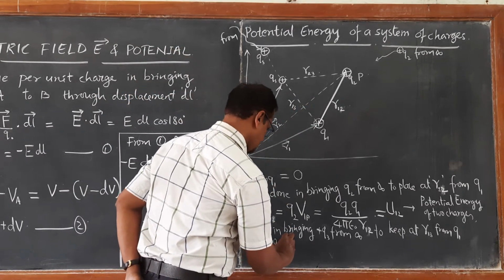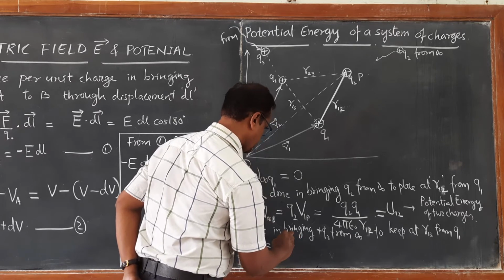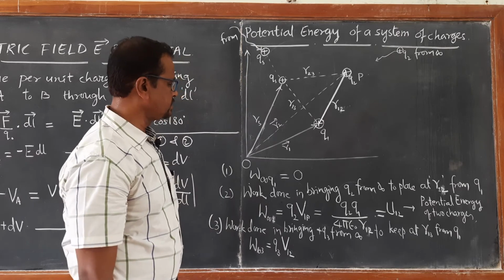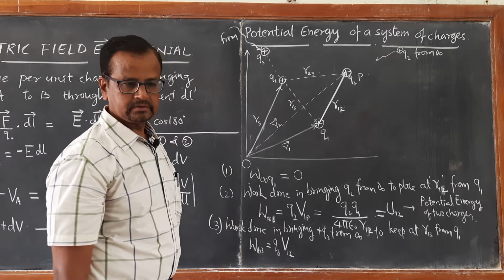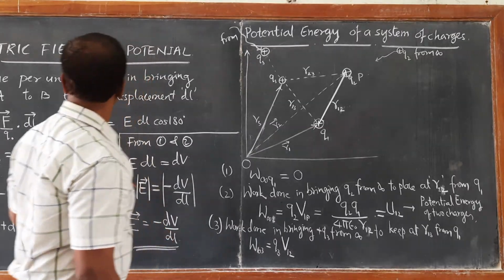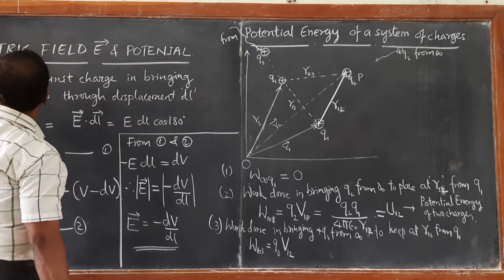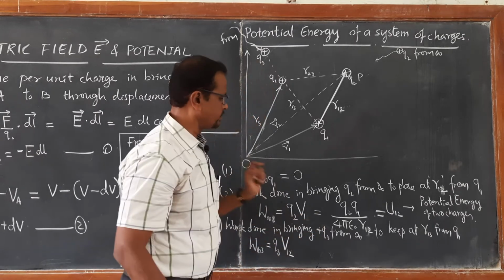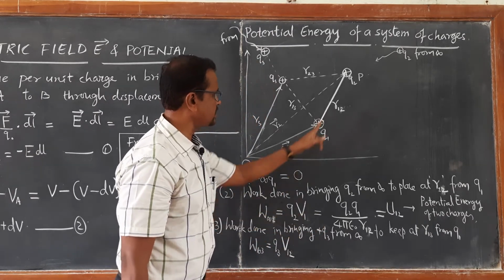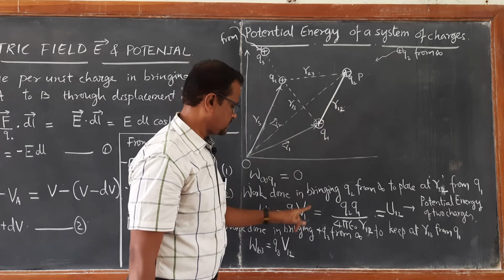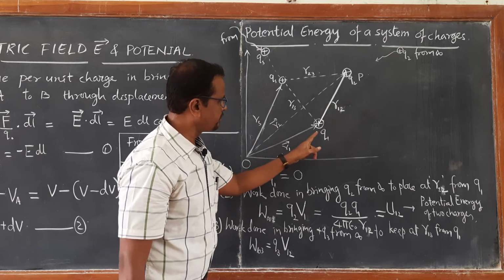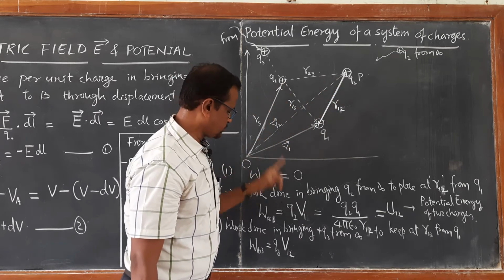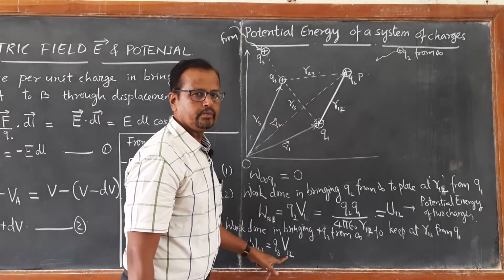I will write it as V12, the potential developed by these two charges, so there will be no confusion. The potential at this point due to the first charge, let us take it as V1 only. The potential developed due to these two charges Q1 and Q2 at this point, let me write it as V12.